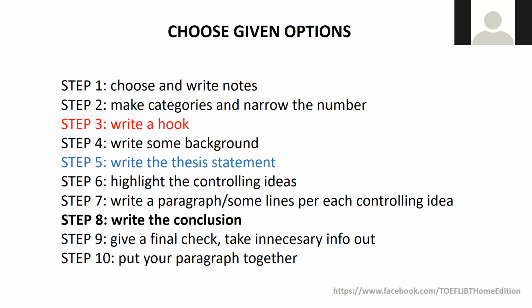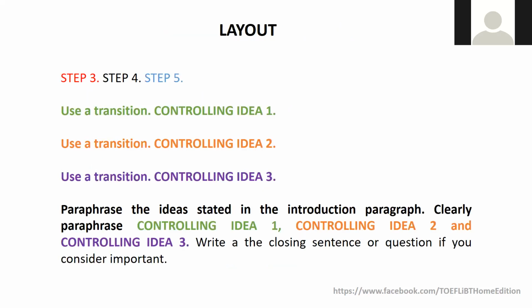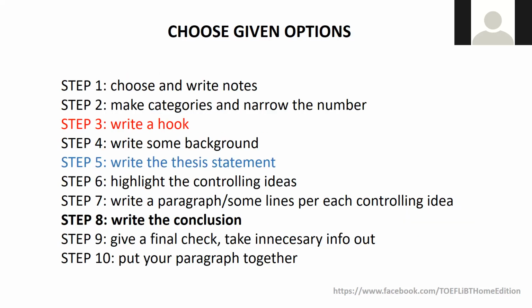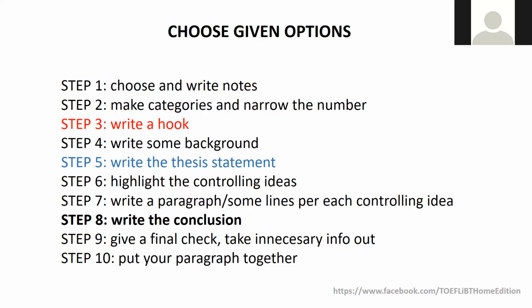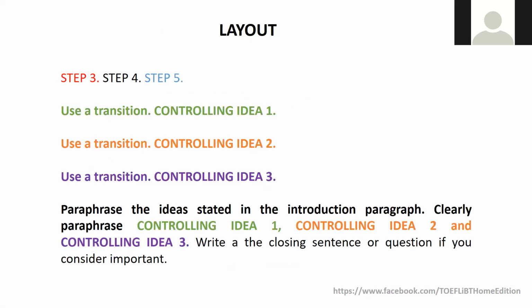Basically, that's important. And then we have the layout in which you will copy paste. Step 3, which is the hook that we have already talked about. Step 4 is give some background so the audience can understand what you're talking about. And then step 5, which is the thesis statement with the controlling ideas. And each controlling idea is going to provoke a paragraph.